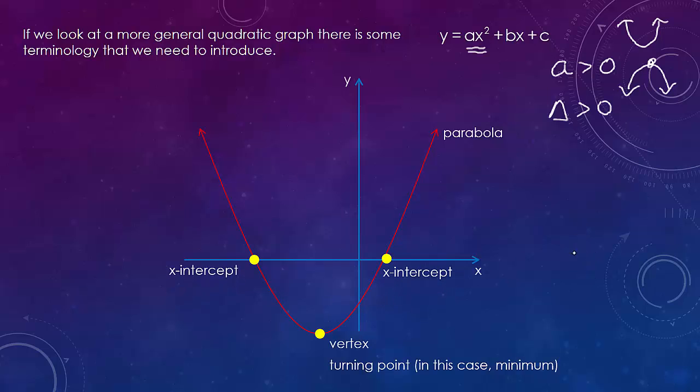These are x-intercepts, the points where the curve crosses the x-axis. This is the y-intercept, the point where the curve crosses the y-axis. And one thing about parabolas that we know is that they're perfectly symmetric, about a line that comes down through the vertex. Not surprisingly, this is called the line of symmetry.